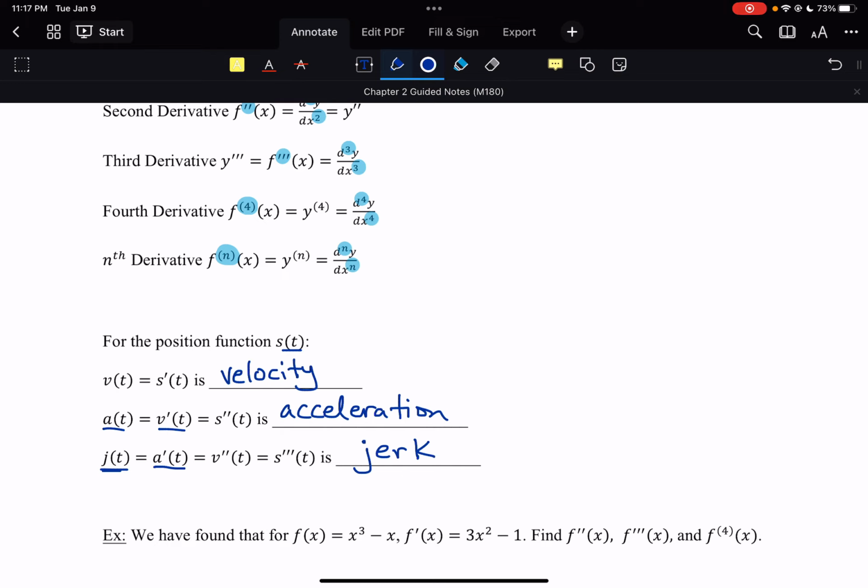If you step on the brake harder, you're going to decelerate faster. If you step on the gas harder, you're going to accelerate faster. The jerk is the rate of change of that acceleration. If you slam on the brake, you notice what you do, you jerk forward. You kind of fly forward in your seat a little bit. That's basically the jerk.